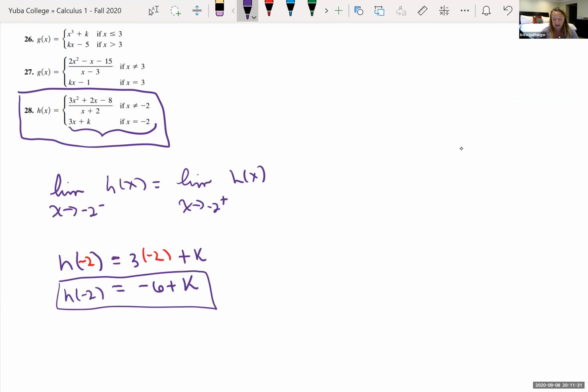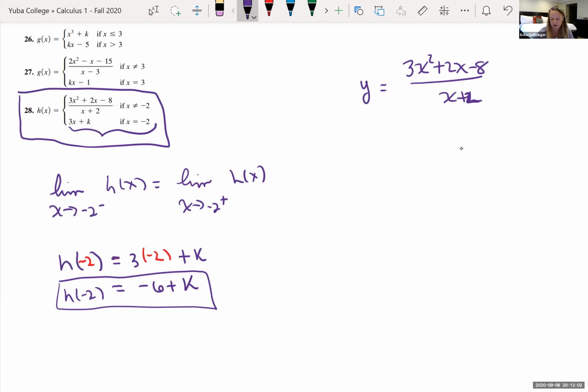Well, for our limit, we need to find the value of k so that we're pretty much filling in a hole. If you look at this equation, 3x squared plus 2x minus 8 all over x plus 2, let me just call this y. It's undefined when the value makes the denominator equal 0.